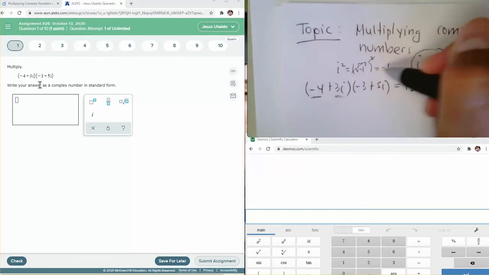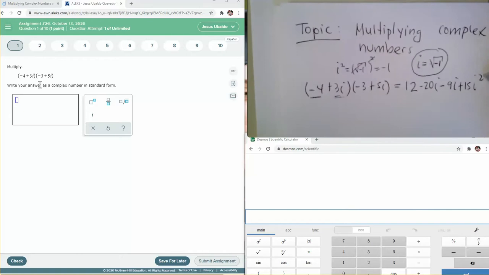That means i squared is negative 1. Why do I need this? Because here we got an i squared. We cannot have i's with exponent greater than 1. So this is a negative 1 that multiplies 15. So this expression is actually negative 15.